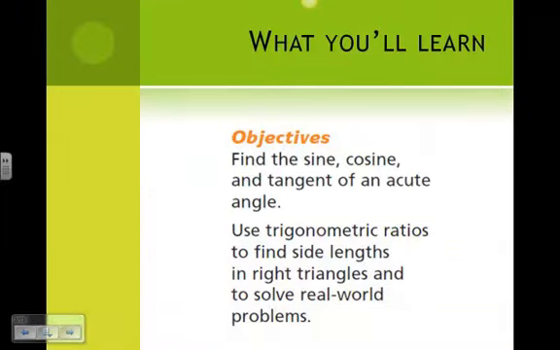In this lesson, we'll learn to use these things called sine, cosine, and tangent for an acute angle. Those are trigonometric ratios, and we'll use those ratios to find the side lengths in real-world problems in right triangles.